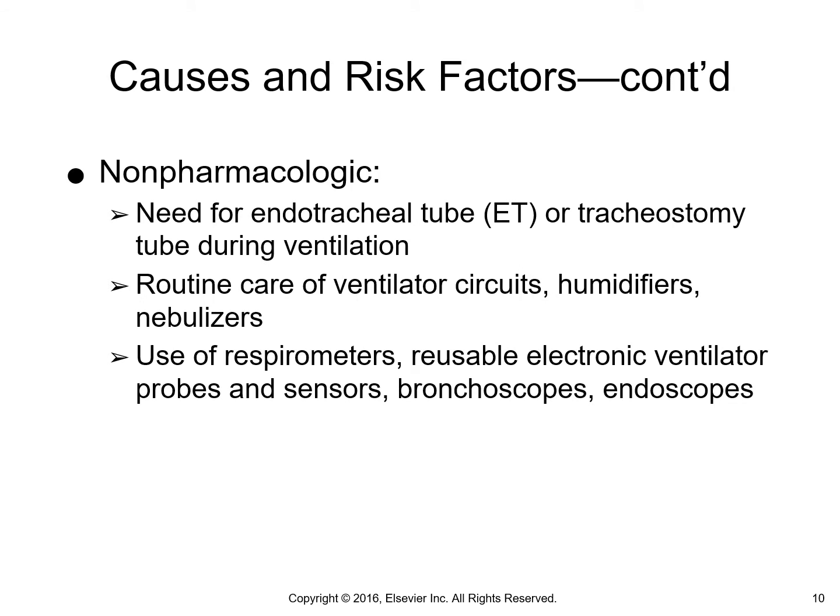Other things that are going to put you at risk that are non-pharmacologic would be having an ET tube or a trach tube, and just routine care of circuits, humidifiers, and nebs. So we need to make sure we're not using humidifiers when we don't need them, and taking care of infection control when we're changing out circuits, trying not to break the circuit, only changing out circuits when they're visibly soiled, and taking proper care of the small volume neb cups or the aerogens.